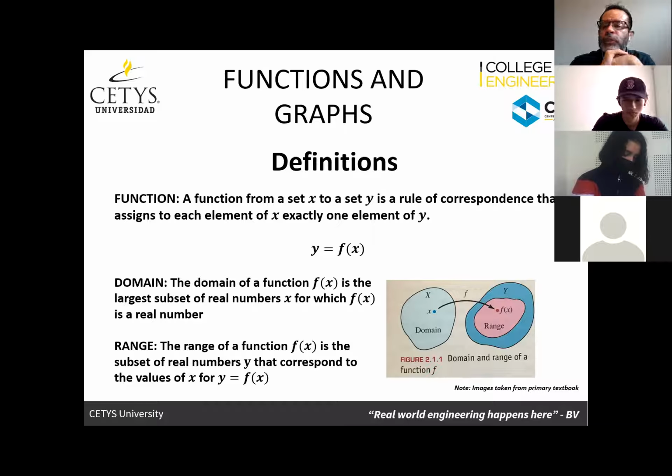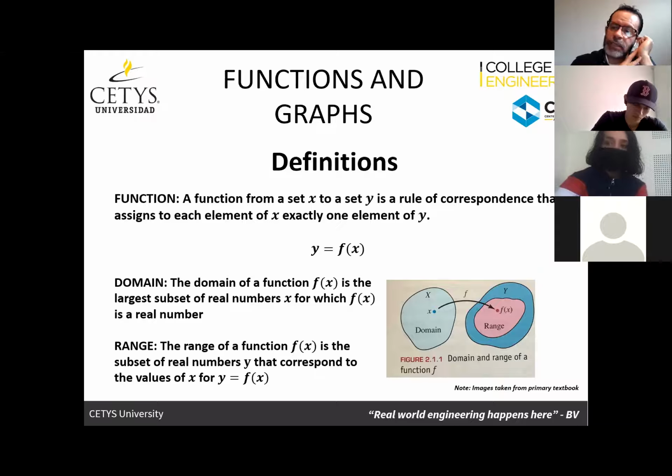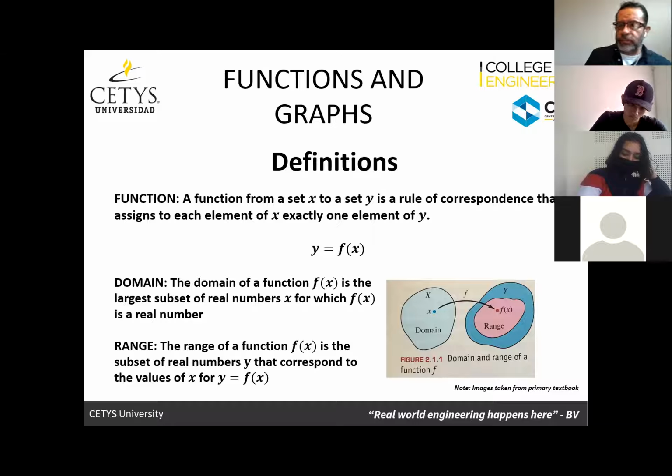So if we have 2 elements called X and Y, then the relationship that's established between them as a function, if we're going to say that Y is a function of X, it means that for each element of X, we have one exact, only, and unique element of Y. This is important. So there is a one-to-one relationship there between those 2 elements or variables.